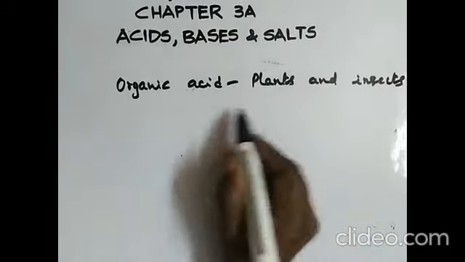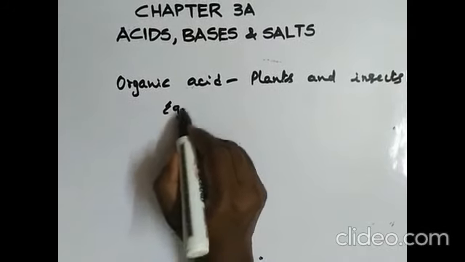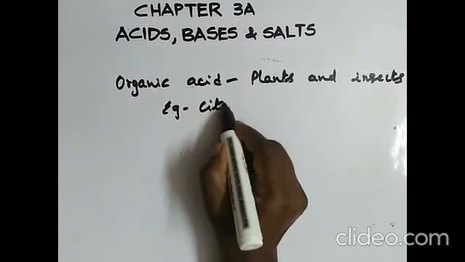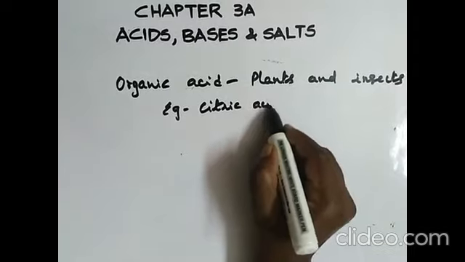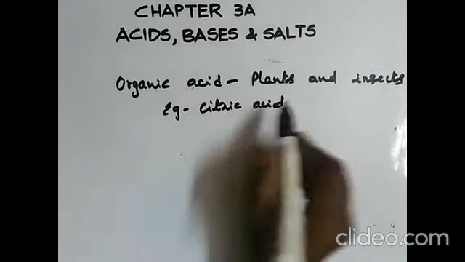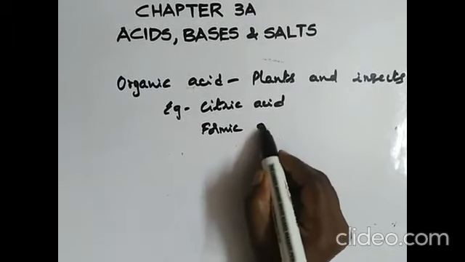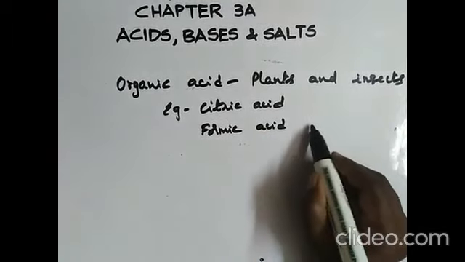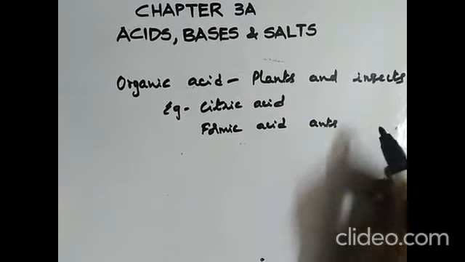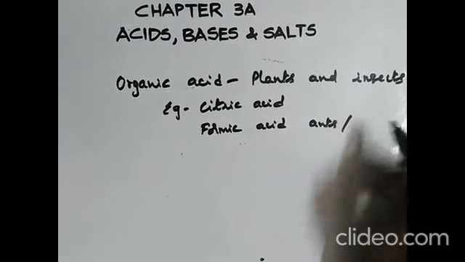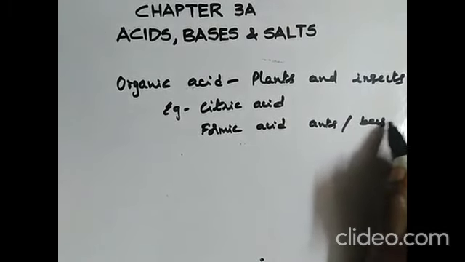Examples of organic acids are citric acid. Citric acid is derived from citrus fruits. Formic acid is found in the toxin of ants and bees.